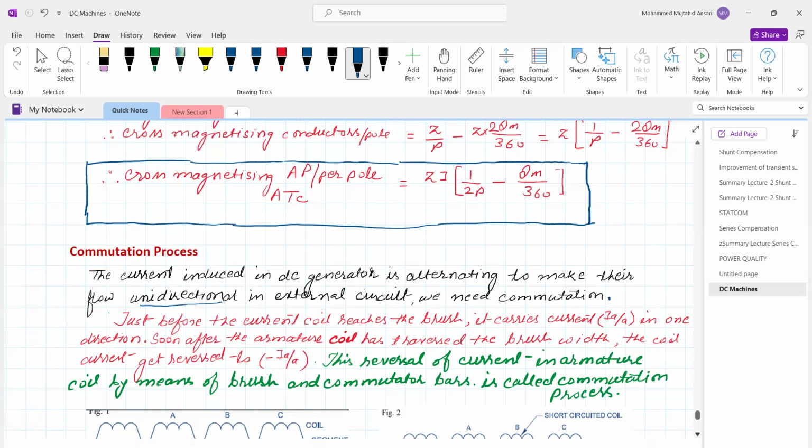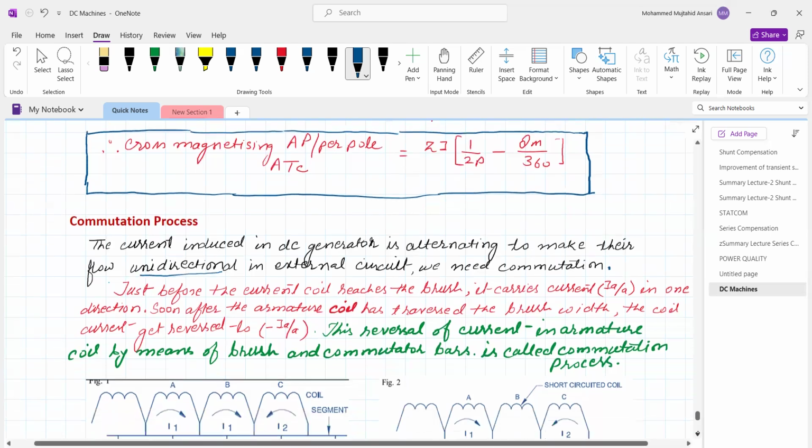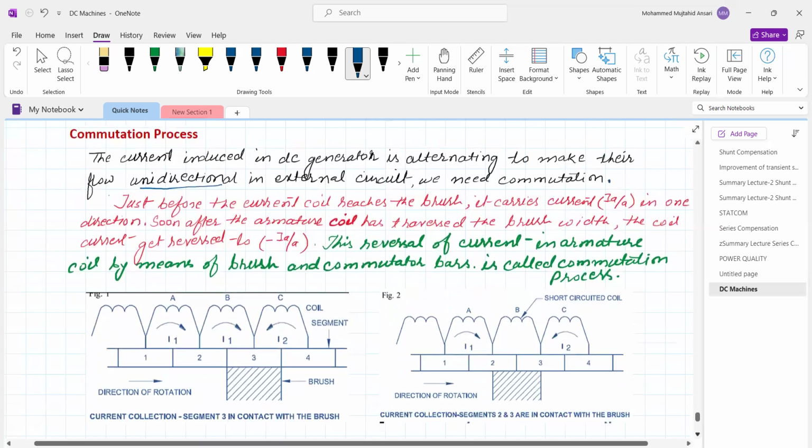Just before the coil reaches the brush, suppose these are the brushes, and these are the coils, the armature conductors. These are connected to the commutator segments, so this is commutator segment 1, 2, 3, 4, 5 like that. And this is the brush. The brush width is equal to the commutator segment.